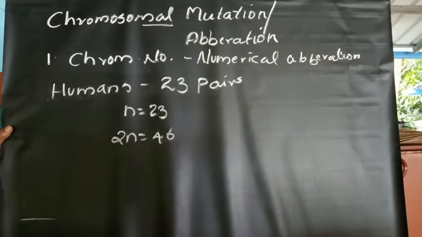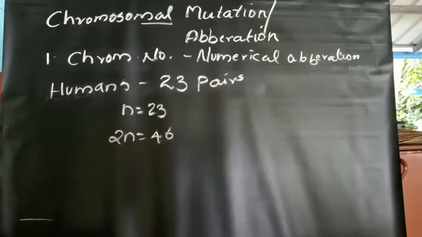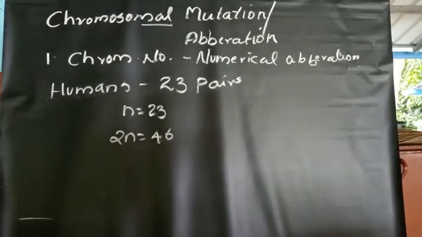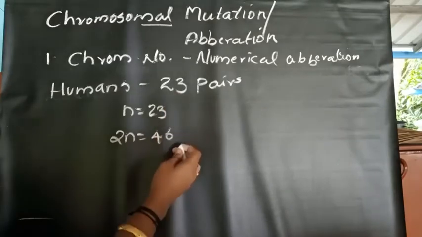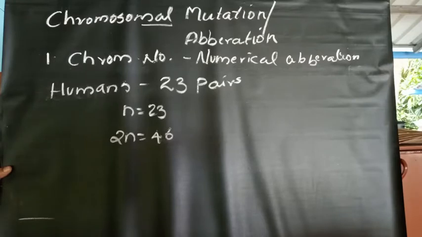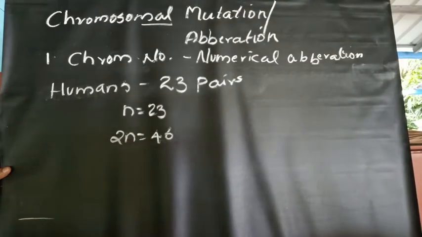That is the haploid condition, 23, and the diploid condition, 46. So if a mutation happens and any change happens in the number of chromosomes, either addition or deletion of a chromosome, such types of mutations are called numerical aberration.